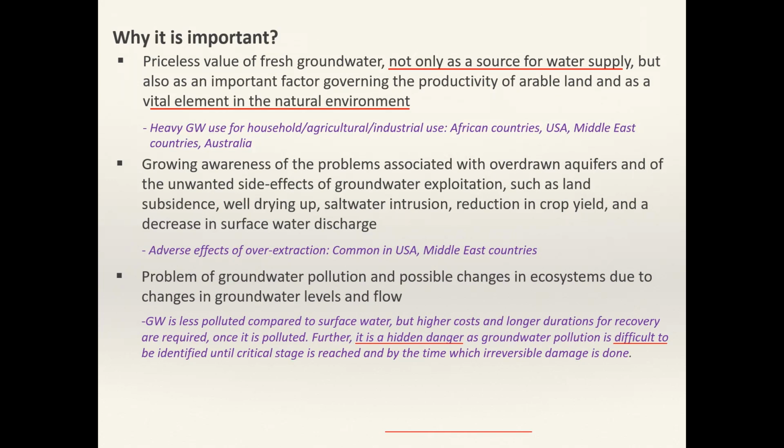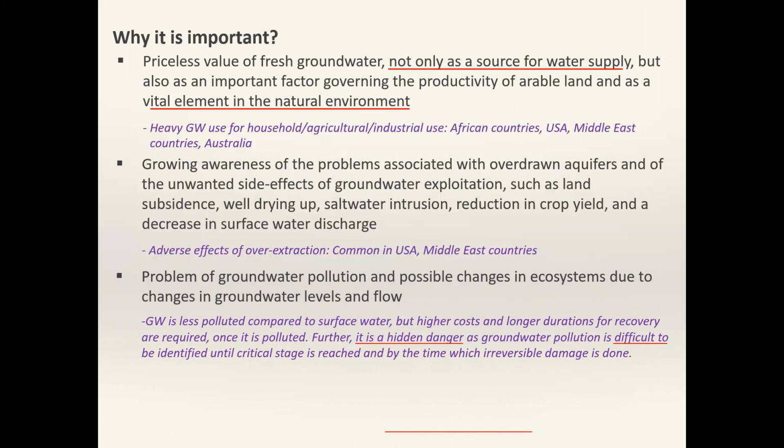So not only for the domestic water supply, but also for the industrial and agricultural water demand, we use the groundwater. Why is it? It is considered as less polluted compared to the surface water. But higher cost and longer durations for recovery are required. If it is polluted, it is not easy to remediate or recover. That is the danger there.